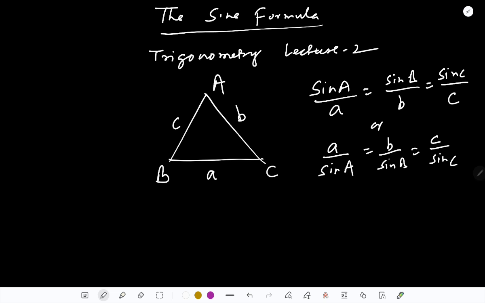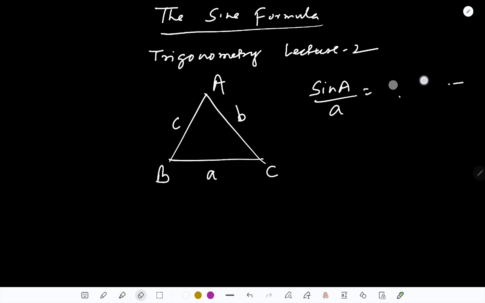But how is it possible? You can do one thing. Try to prove the result in a basic, simple manner. Try to find the area of the triangle first. To do so, just draw a perpendicular from corner A, or the vertex A, to the side BC, and name it AD.